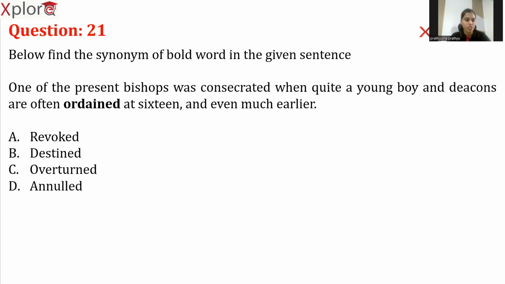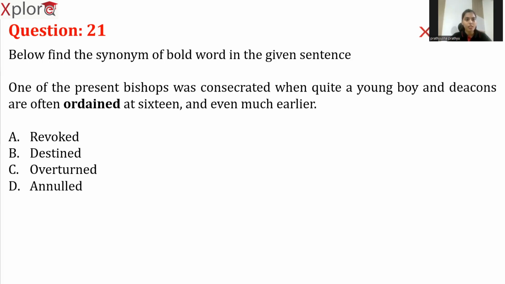So here we are talking about bishops and deacons, who are often ordained, meaning appointed, at the age of 16 and even much earlier. So when they are 16 or younger than that, they were appointed or designated in their roles as members of church.